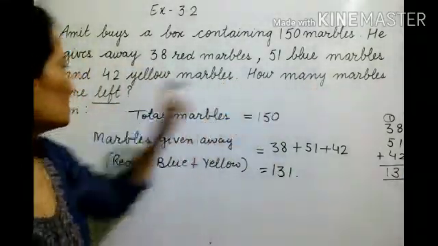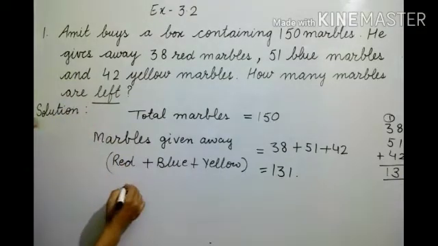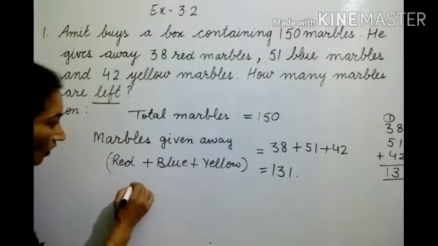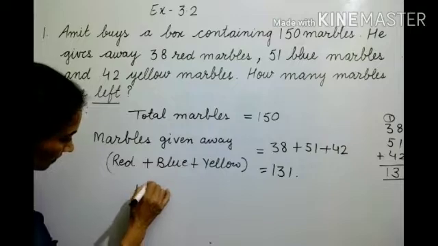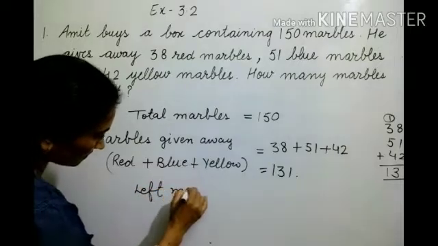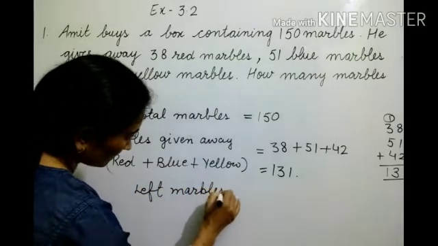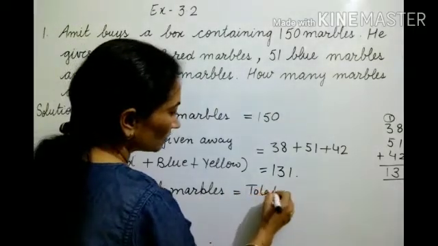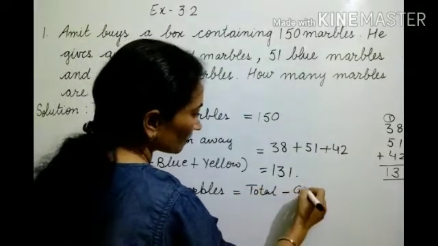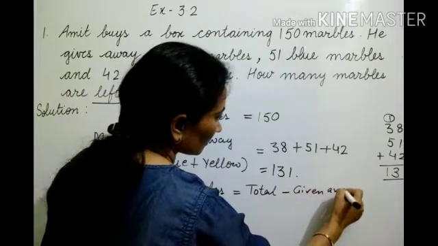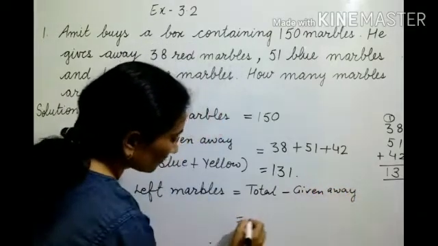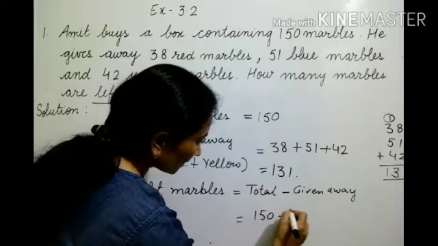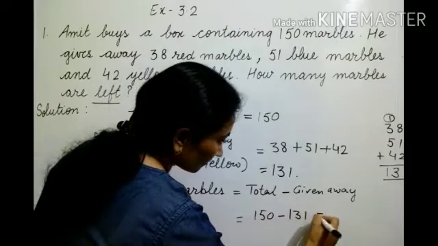Now what will you find? How many marbles are left? Means left marbles will be total marbles minus given away. 150 minus 131.